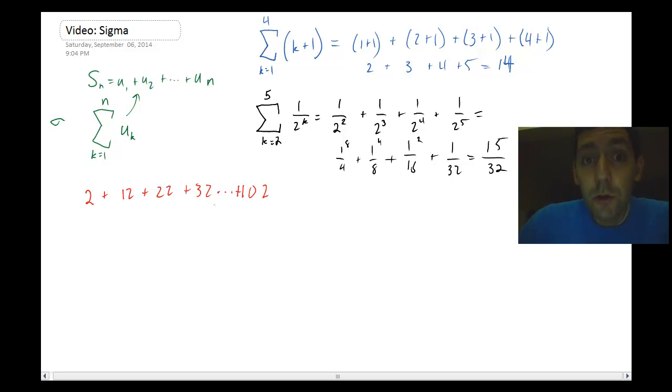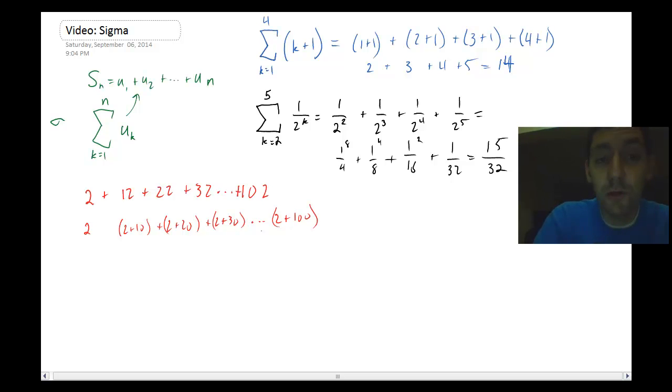So when we're doing this, the first thing we need to do is figure out what's being added each time, right? So we'll say, okay, well, this is obviously 2, and then this one is 2 plus 10, and then this one is 2 plus 20, and then 2 plus 30, all the way up to 2 plus 100.